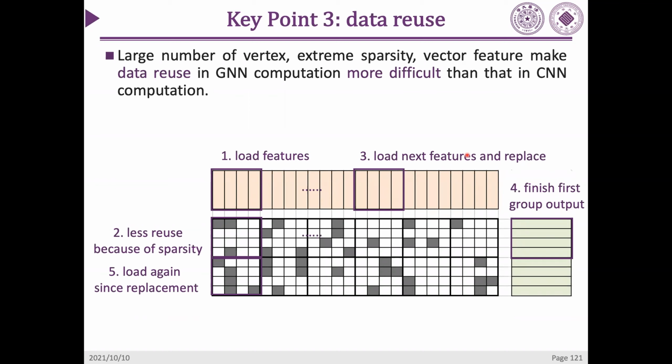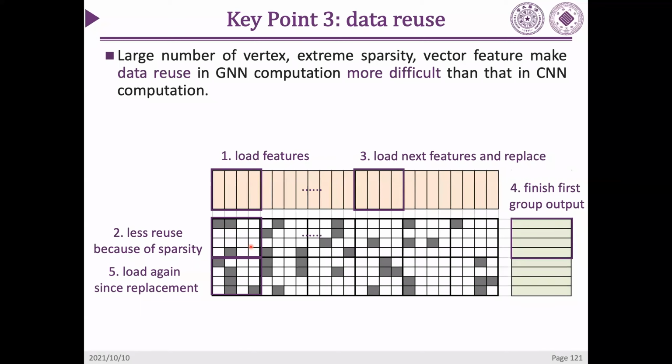As shown in the figure below, it is a diagram of calculating aggregation in a graph neural network. First, we need to load some of the features and then calculate the partial sum of a group of output vertices. Due to sparsity, the data reusability of this calculation is very low. Then we continue to read the input features.